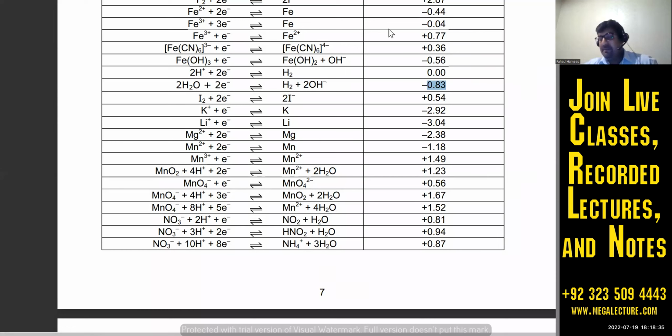Because remember, this is important. If somebody tells you that something is 10 volts, this information is completely meaningless. If somebody tells you that I have a pen and there's a potential of 10 volts on this pen, this information is completely meaningless. I don't know, is that a higher potential or a lower potential, and compared to what?